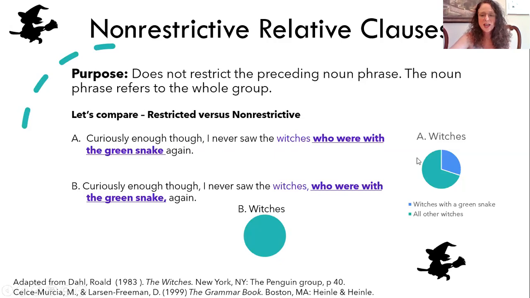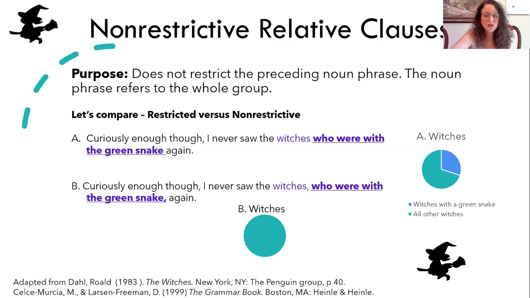So looking at this circle, this set is in the blue portion of the circle. It's about 30%, okay? And the rest of the circle, more in the teal, is about 70%. So these witches do not have green snakes, just this 30% in the blue. They have green snakes. Okay, so in the non-restrictive version, if we look at the clause, we see a comma.